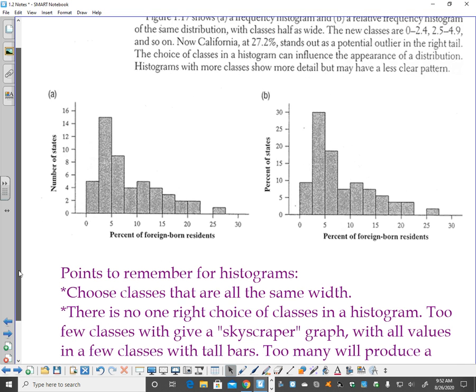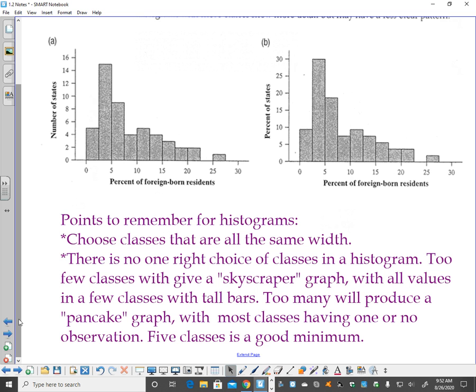Histograms with more classes do show more detail, but they may have less of a clear pattern. So points to remember for histograms: choose classes that are all the same width. So they have to either all be 5 or 2.5, or you could go by 2, or you could go by 10. It really just depends on how much of a span you have to cover. There's no right choice for the number of classes in a histogram. Too few classes will give you big blocky bars that look like a skyscraper.